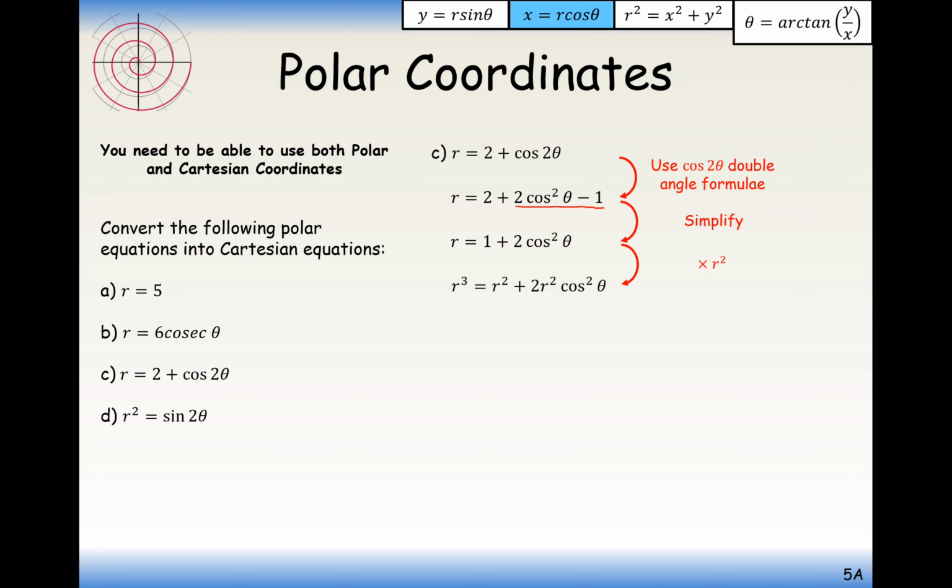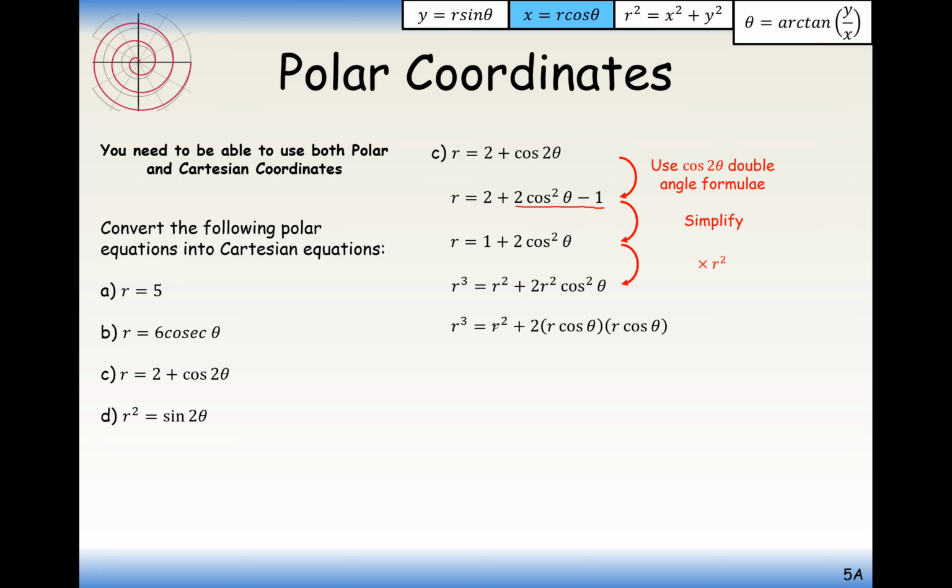So I'm now going to multiply everything by r squared, so r times r squared is r cubed, 1 times r squared is r squared, and then 2 cos squared theta multiplied by r squared is 2r squared cos squared theta. I'm just going to break the second term up a little bit. So it's now r cos theta, so that I can really highlight to you, we're now going to be replacing r cos theta with the letter x.